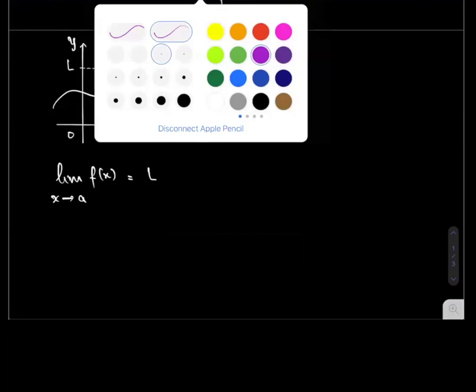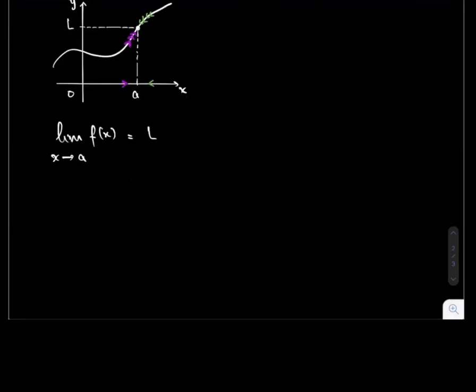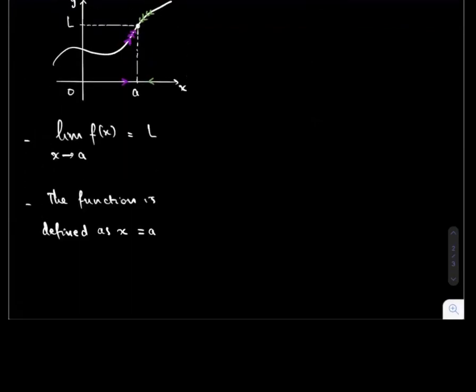If you look at the same graph, but now approach a from the right, you can see that the function also approaches the point L. Also, by looking at this graph, I can say that the function is defined at x equal to a. How do I know? From precalculus, when you find the domain of the function, if the domain is all real numbers, then the function is defined at a point on that interval.